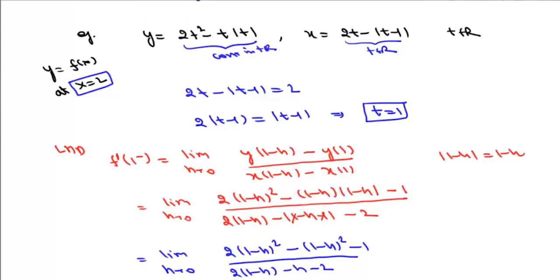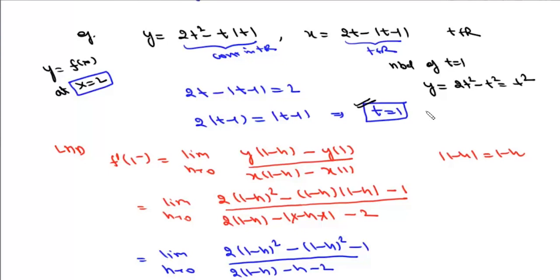Now another way to solve the same problem is using the function definition directly. Now we know that we have to check differentiability at t equals 1. Now at t equals 1, this definition mod t will be simply plus t. So in the neighborhood of t equals 1, this function y will be simply 2t square minus t square, which is simply t square.